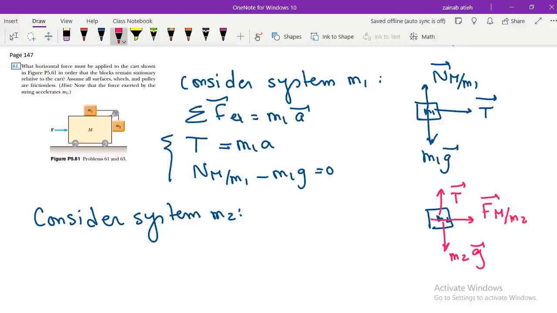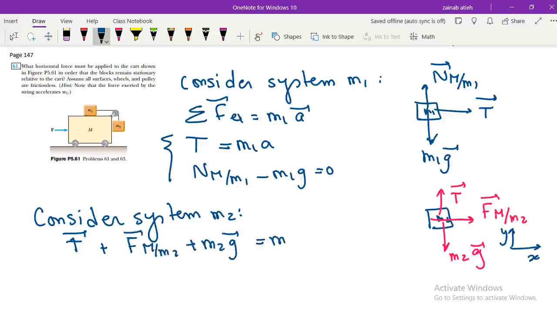Now how is M2 moving? M2 is at rest with respect to M, but the whole system is moving together with acceleration A. So M2 is moving along the x-axis. Everything along the x-axis will be equal to MA, everything along the y-axis will be equal to 0. So sum of forces equals MA: T plus force exerted by M on M2 plus M2G is equal to M2A.